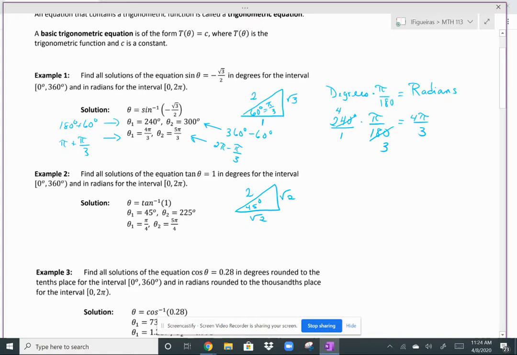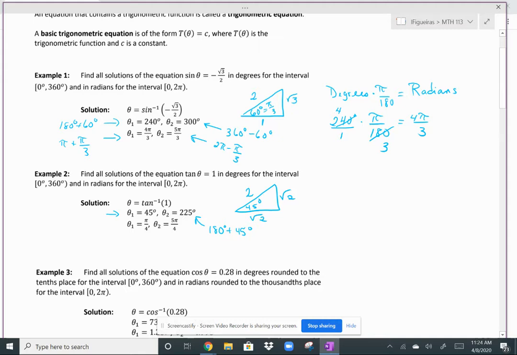Tangent is positive in 2 quadrants: quadrant 1 and quadrant 3. So your quadrant 1 answer is right here. It's 45 degrees. And your quadrant 3 angle would be 180 plus 45, and that's where we get 225. You would do something similar for radians. 45 degrees in radians is pi over 4.